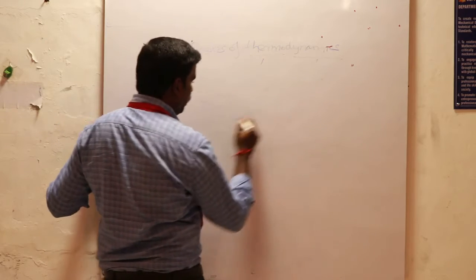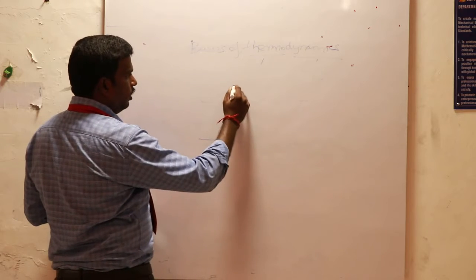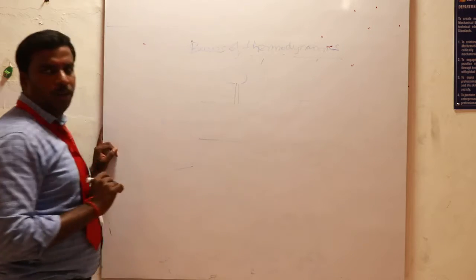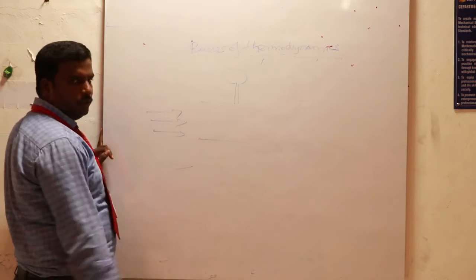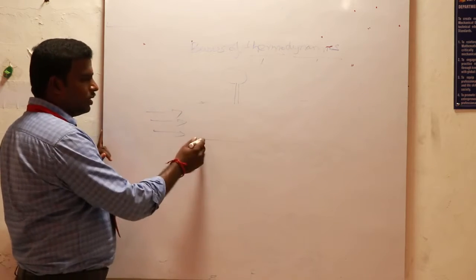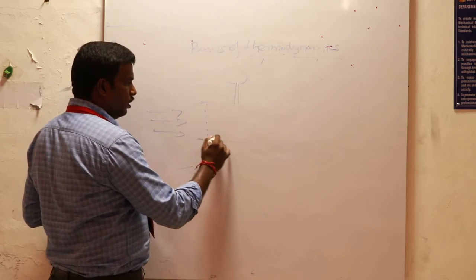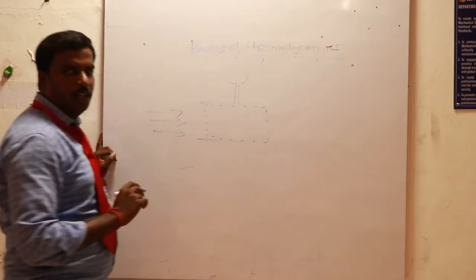So let us take a duct as an example, and let us say we are going to check the pressure at a particular instant, and a gas is flowing inside this duct. This gas may be air or any gas or any fluid. So how do we define pressure?